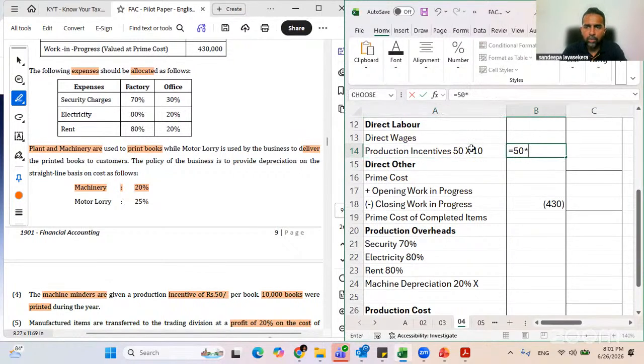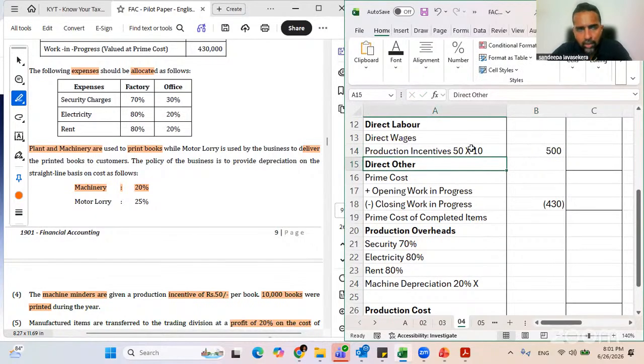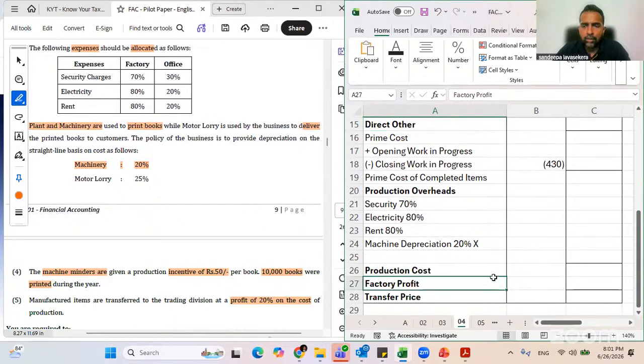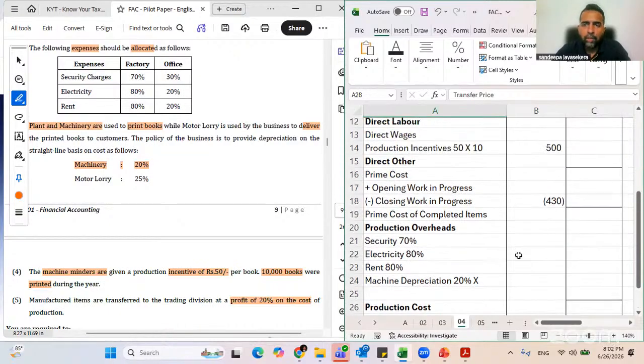So 50 into 10 is 500, because I'm doing it in thousands, so I'll be taking 10,000 as 10. You are keeping a profit of 20%. Profit is at 20% on cost. Good. We are done with all the workings.